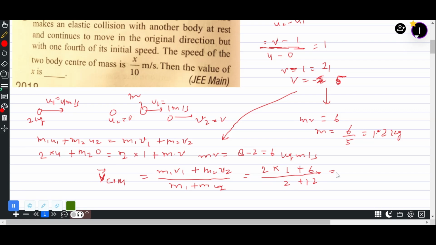That makes it 2 into 1 is 2, plus 6 is 8. What's happening to me? Even normal arithmetic, I'm making mistakes. 8 over 3.2. Correct?